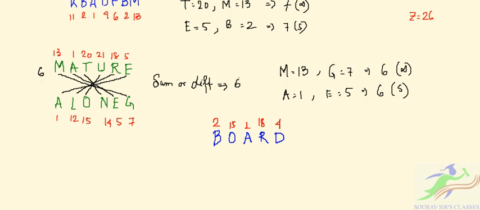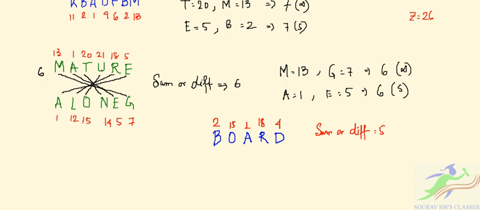So for 6 alphabets, we have the sum or difference of 6. For 7 alphabets, we have the sum or difference of 7. So here you can see that the sum or difference of the place values is equal to 5.